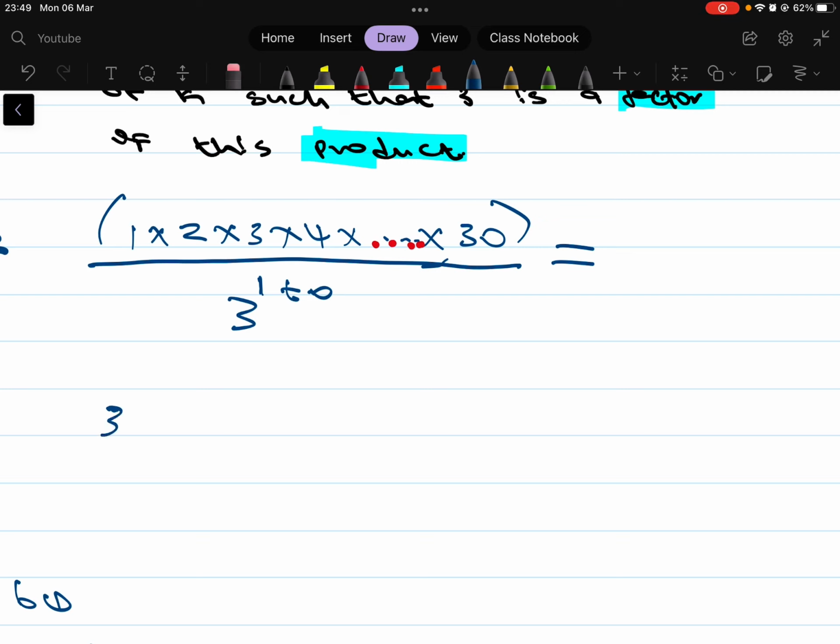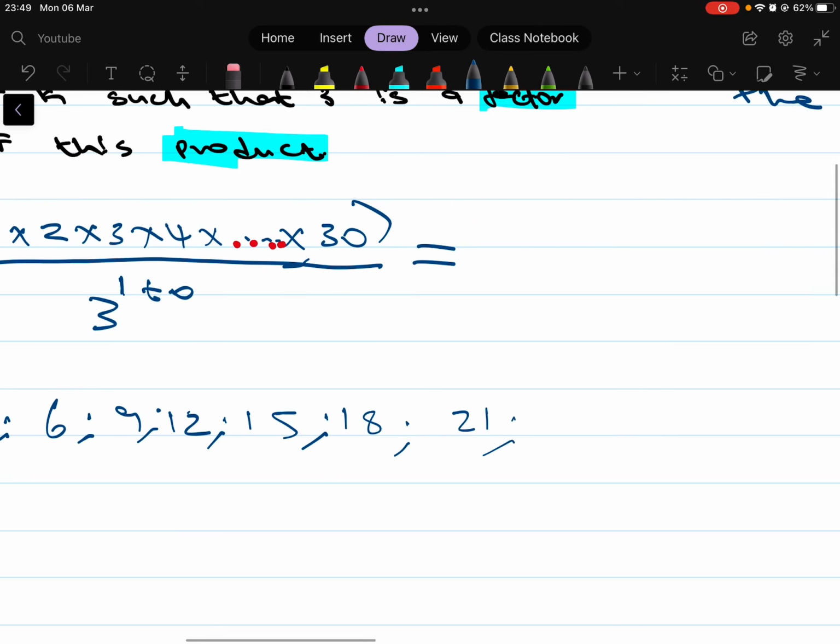So you can look at all the multiples of 3: 6, 9, 12, 15, 18, 21, 24, 27, and 30.